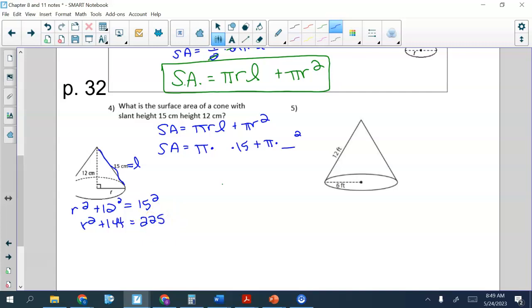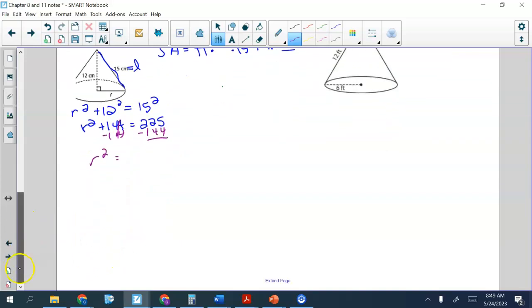So see if you guys can figure out what the radius is. So we get radius squared equals 81. And then we take the square root of both sides. And we get radius equals 9.